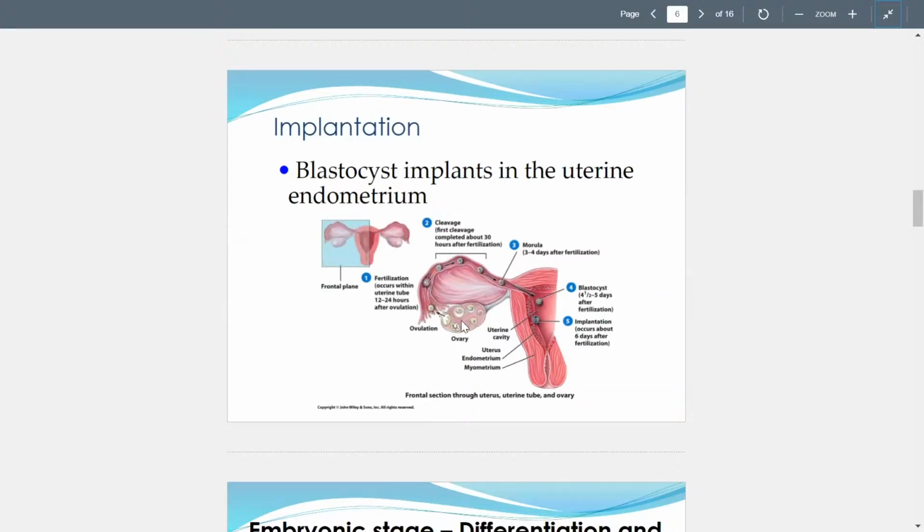This is the development after the sperm already meets the egg, and the blastocyst is the start of, I don't want to say child, but the start of development, if that makes sense. The blastocyst implants into the uterine endometrium, and this is where the baby grows.